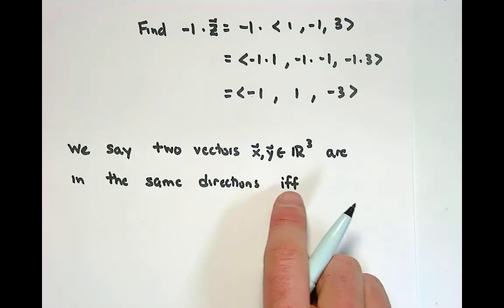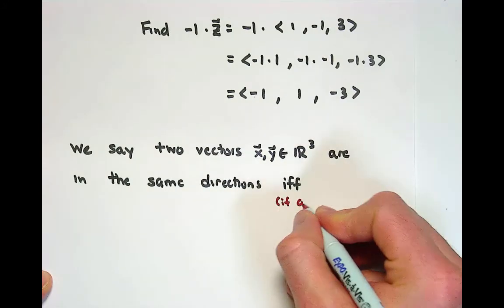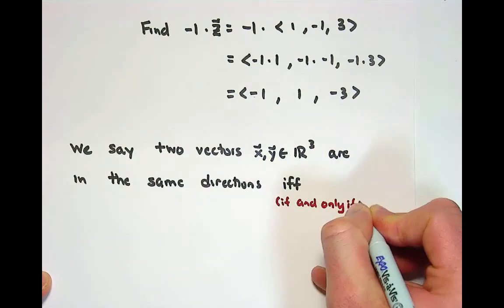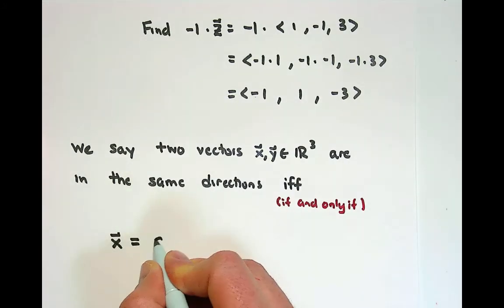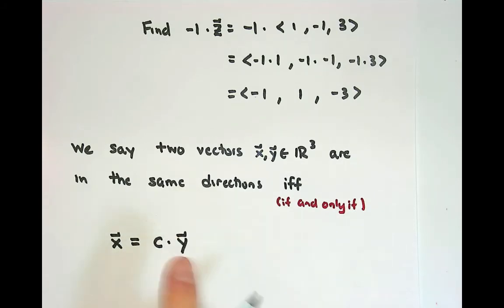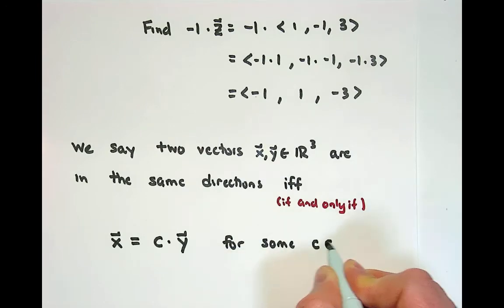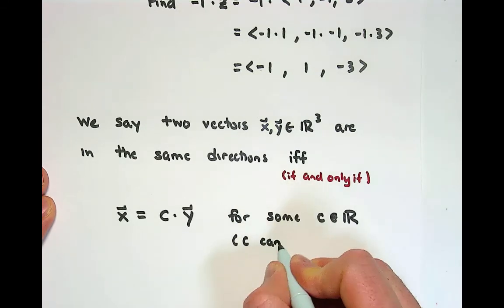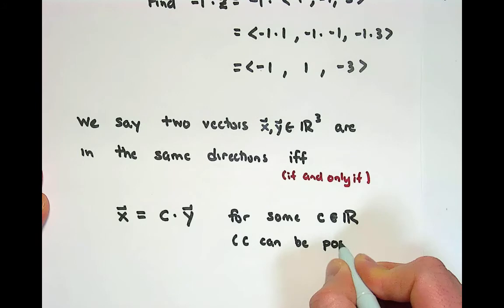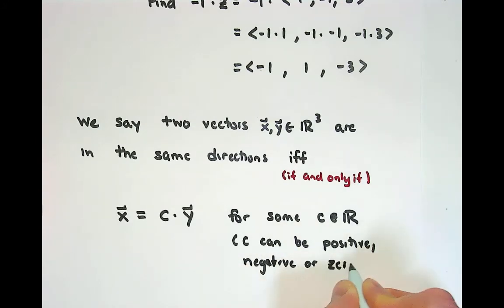These two vectors are in the same direction if and only if, so when you see IFF, this means if and only if, we can write one of the vectors as a scalar multiple of the other vector for some scalar in R. And that scalar might be c, can be positive, negative, or 0.